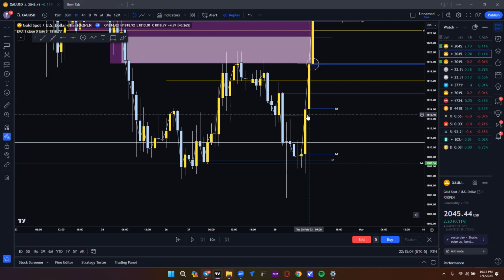When weekly is bullish and daily is bearish, that would mean there's something on H4 and H1 that made daily go bearish. So we would have to play it from top down to back up. What made price go bearish?